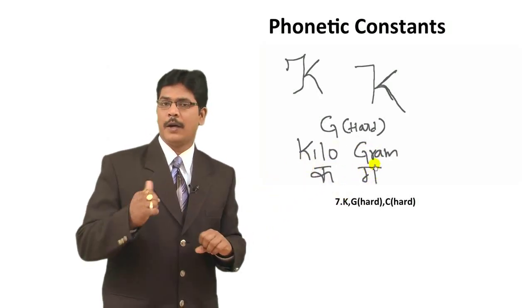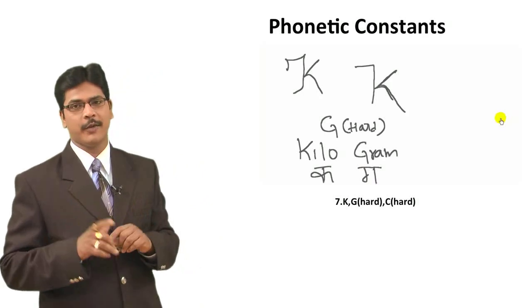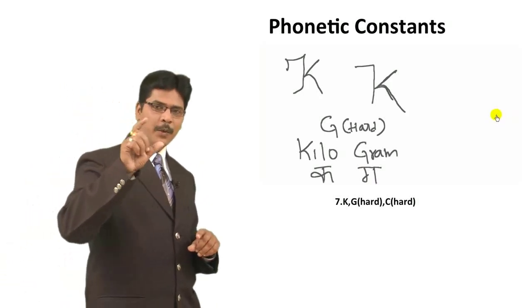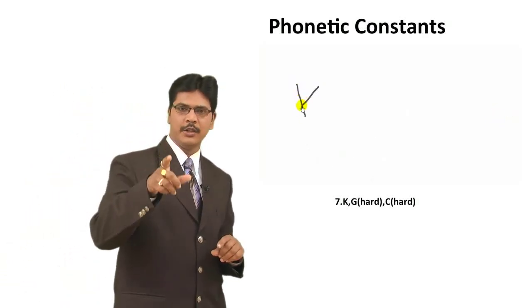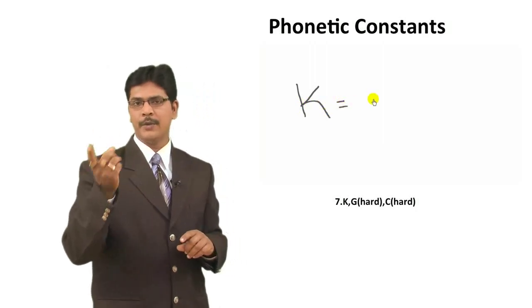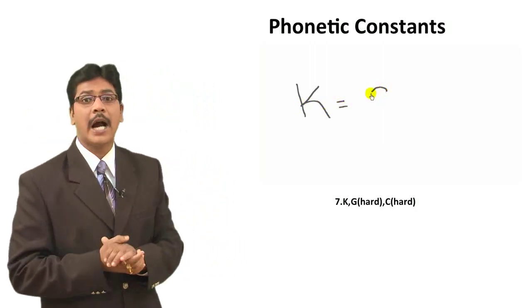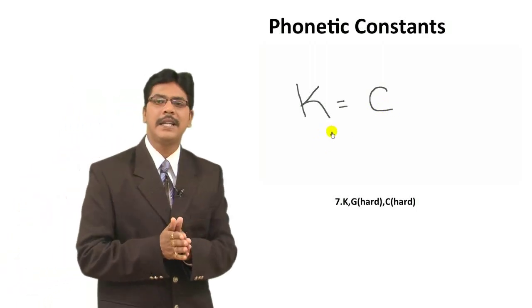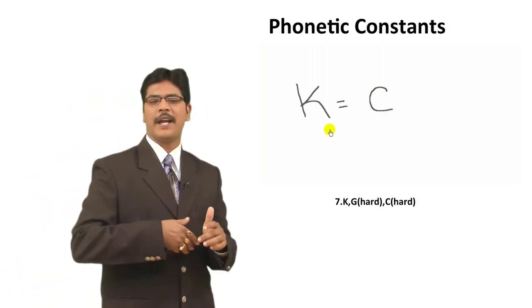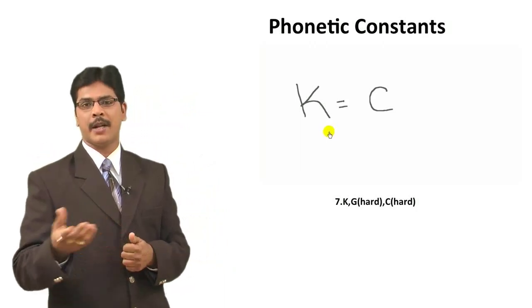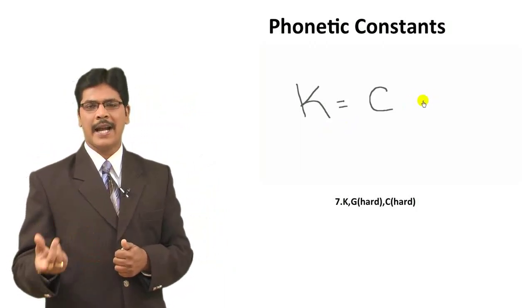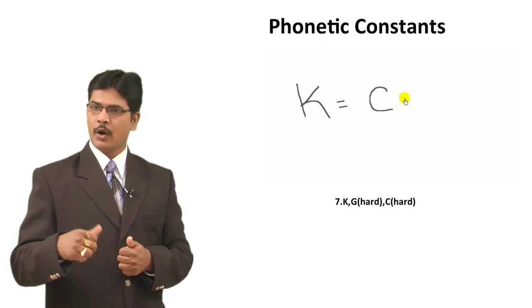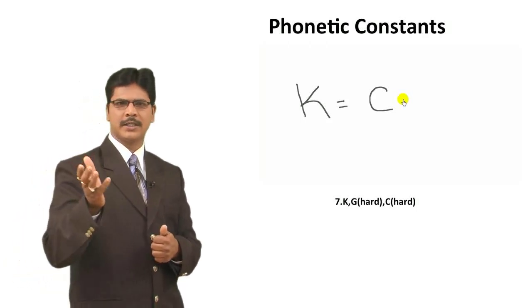Now, as I told you, in English you got to be very careful once again. There's one more letter in English literature, more than K, that we use for the Ka sound. You know what that is? That is C. When you spell any word like camera, Coke, cash, car, continental, all the K sounds are C only.